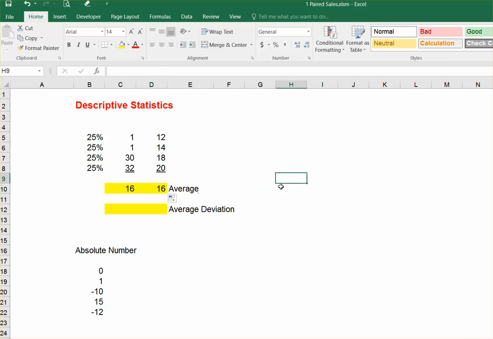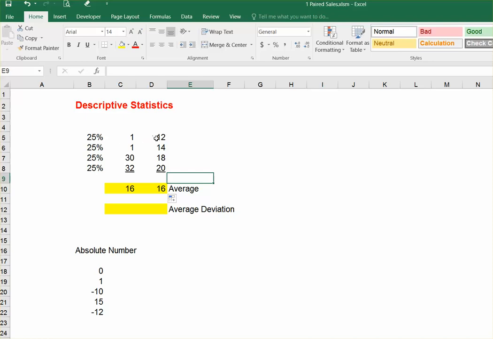So we have two averages, but what we don't have is an understanding of their spread or dispersion. In other words, if you had the opportunity to have a 25% chance to earn 1% on a portfolio of money, and 25% to be 32, you can see that you're either going to do really well or really bad.